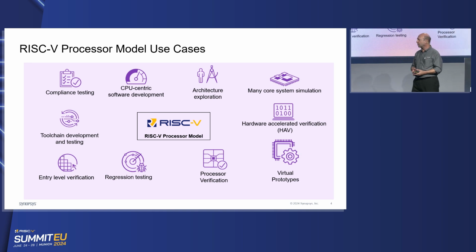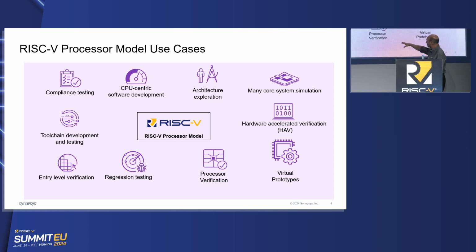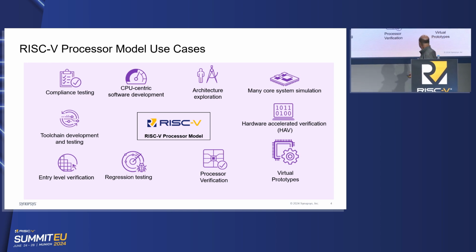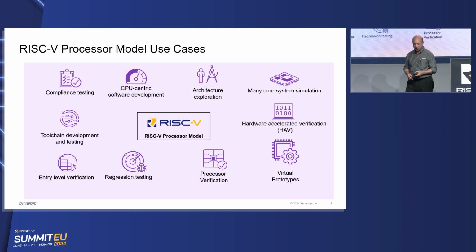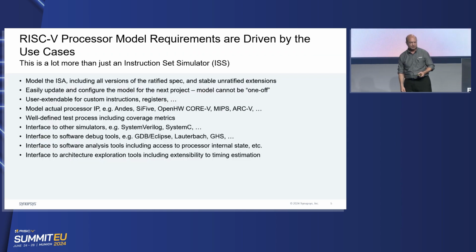Here we've got a number of use cases, starting with compliance testing and software development, architecture exploration. I'll point out, down lower right here, the processor verification and virtual prototypes are also pretty key use cases for these. So the model requirements are driven by those use cases, and it's a lot more than just an instruction set simulator.